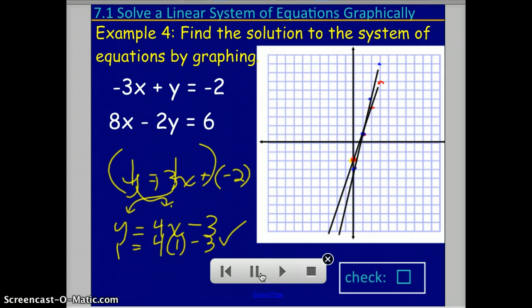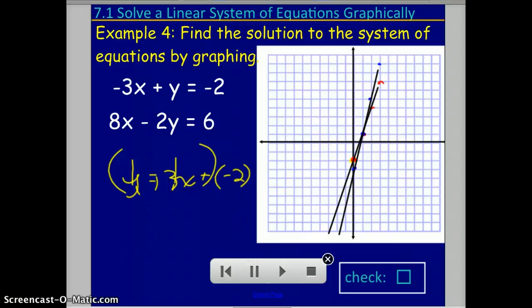And the second equation, the one that was up here, we'll now substitute in. Three times 1 is 3, 3 minus 2 is 1, and therefore we have 1 equals 1. Therefore our point there is the correct point of 1, 1.